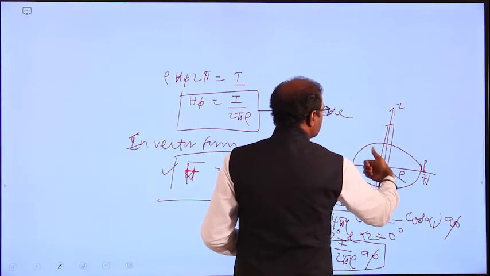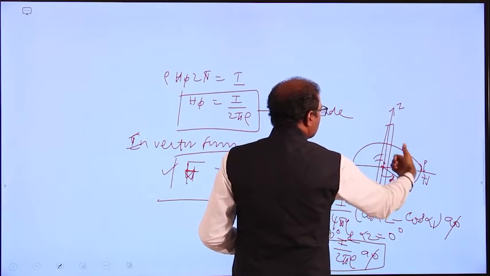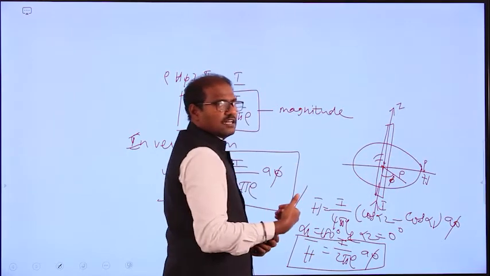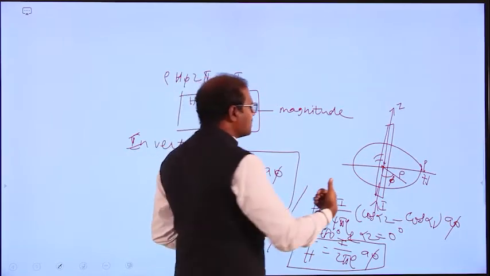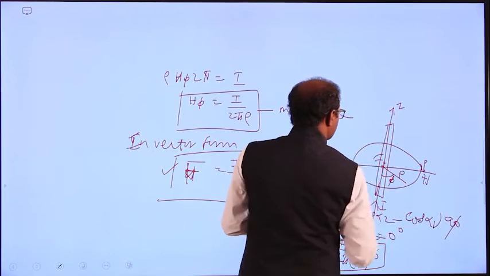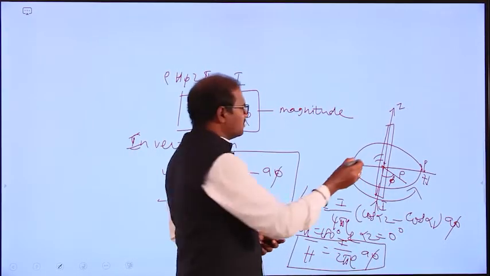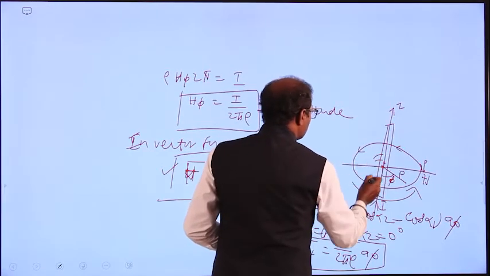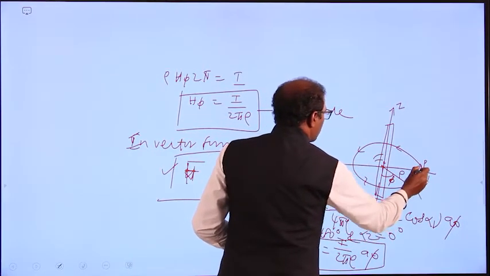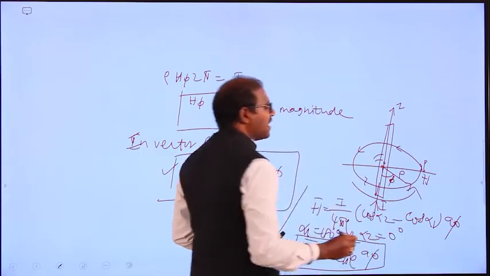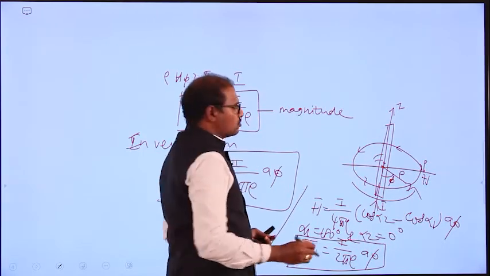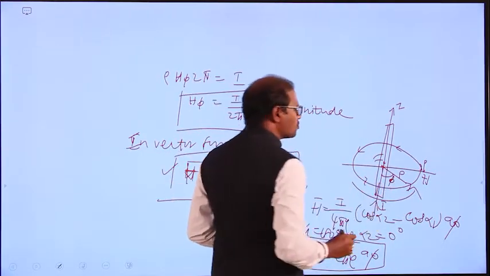The magnetic intensity is revolving around this conductor, in these directions. So we have to find out the magnetic intensity at point P, this point, using some radial distance rho.